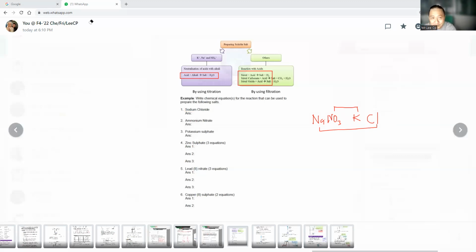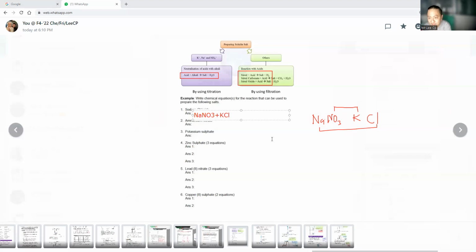I guess you understand better. So the answer for sodium chloride is NaNO3 plus KCl. Right?